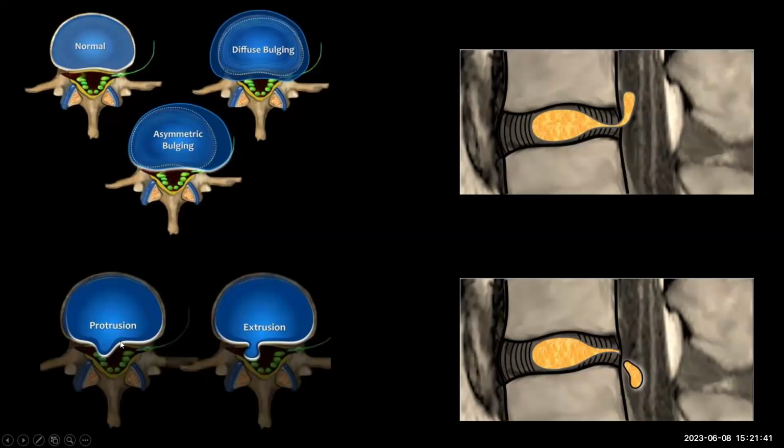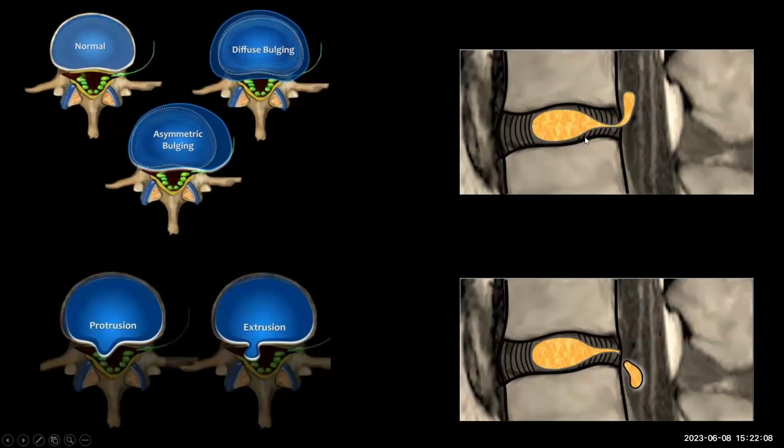A herniated disc is called a protrusion when the base of the disc is broader than the herniated disc itself. So you use the term protrusion. Extrusion is when the base is narrower than the width of the actual herniated disc. Having said that, if any disc migrates cranially or caudally, in either case, that does become an extrusion.